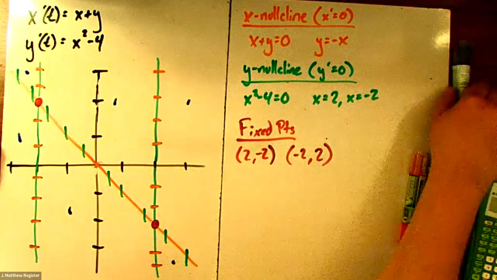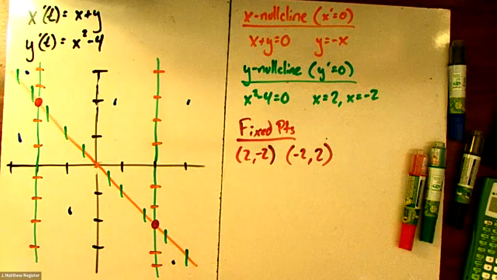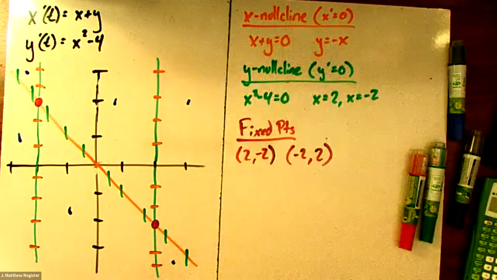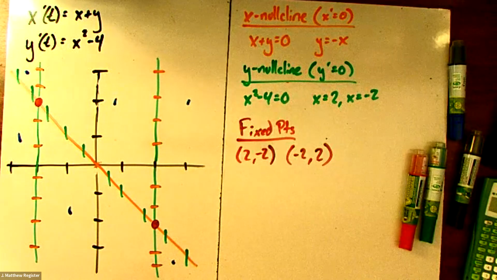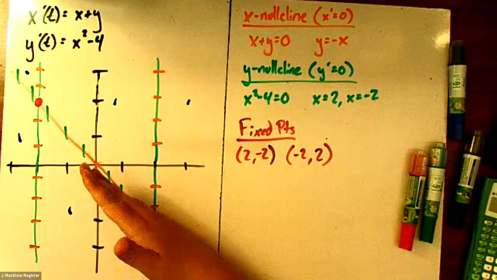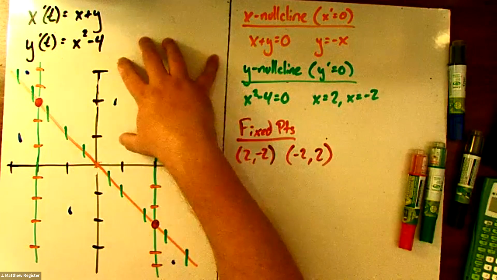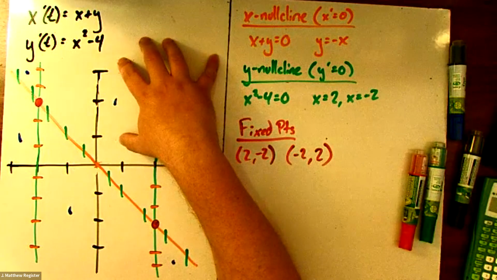And now we want to figure out how things are moving in the X direction and in the Y direction for each one of those regions. And so let's start with the X direction. In the X direction, we know that we have this X null line. This is the only place where it's equal to 0. That means everything above it is either going to be positive or negative, but it's not going to be 0.